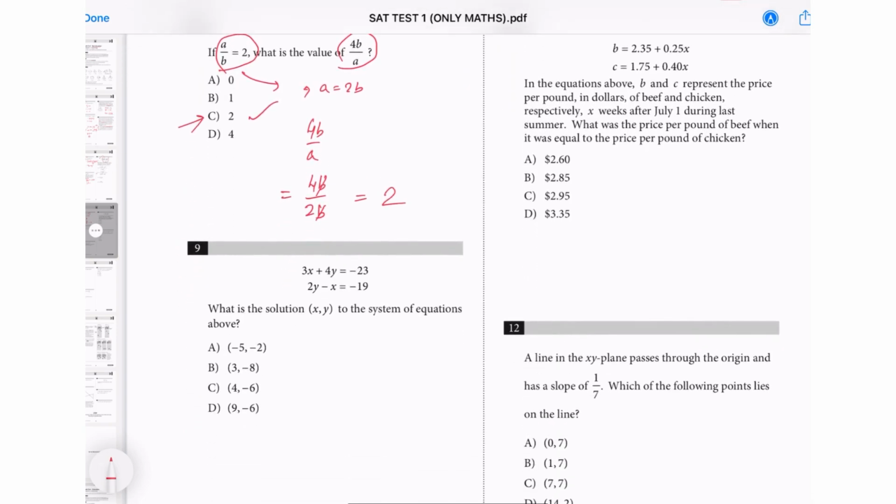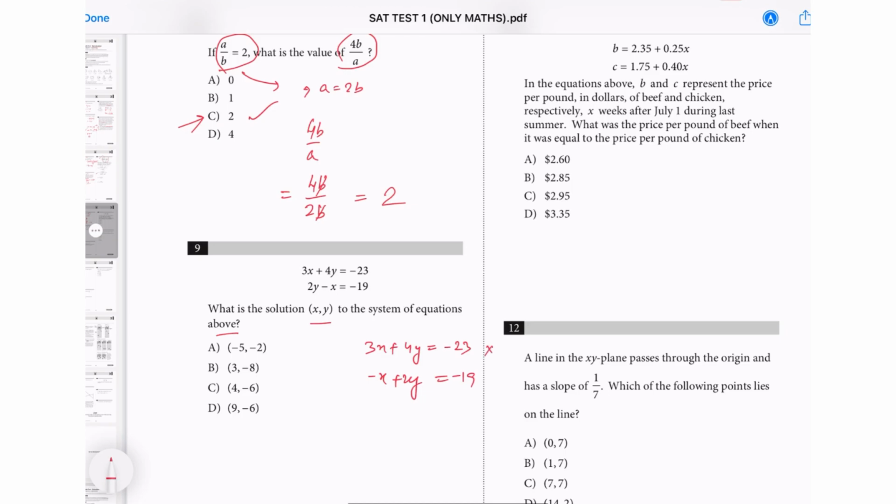Question number 9. What is the solution xy in the system of equations above? We need to find x, y. So what we do here, we simply rewrite the equation so that x is written first and then y. In the equation we write minus x plus 2y. Now I can make the y coefficients equal.